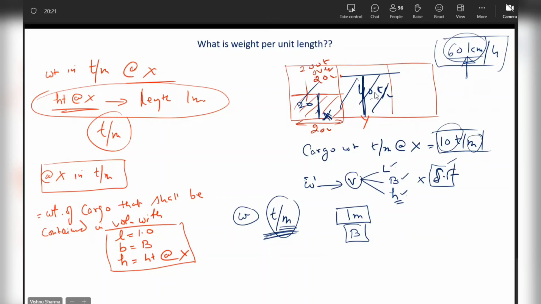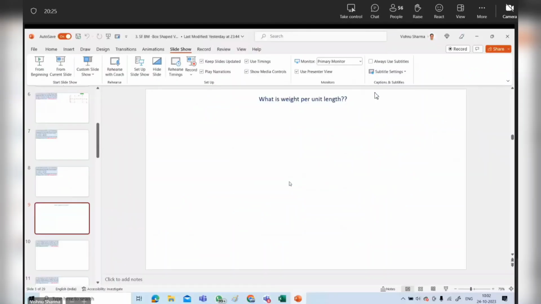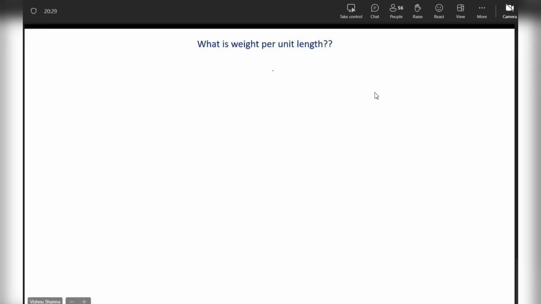I will clear the screen, make the diagrams again, and then ask you questions and answer your doubts. What am I saying? Let me first explain once again.